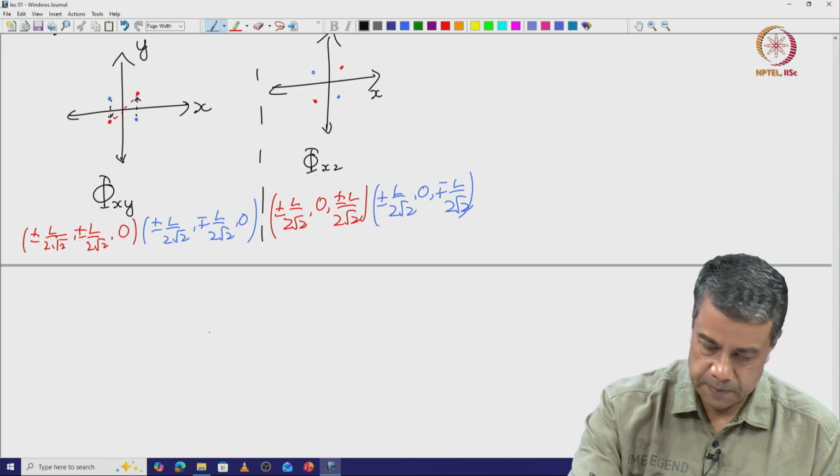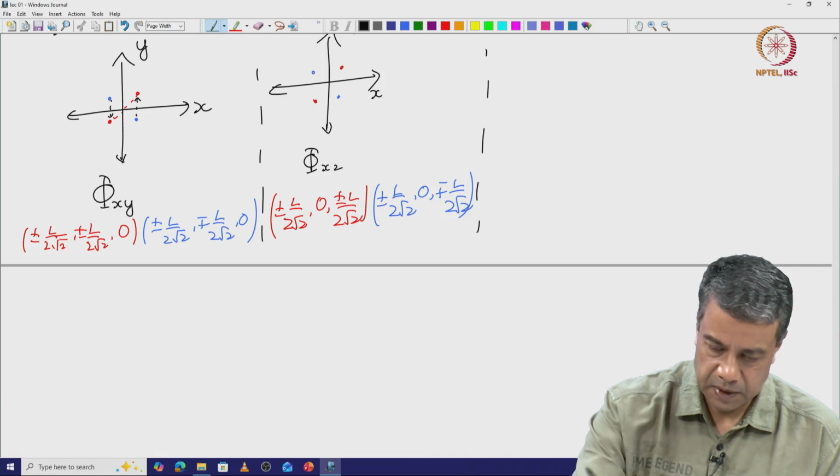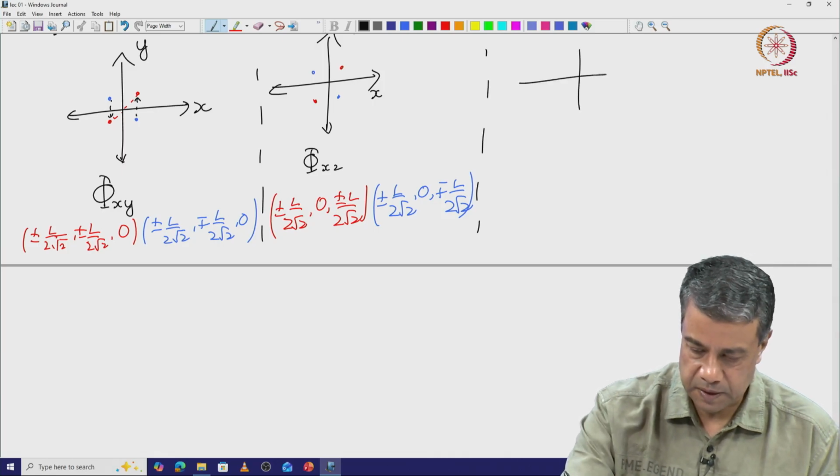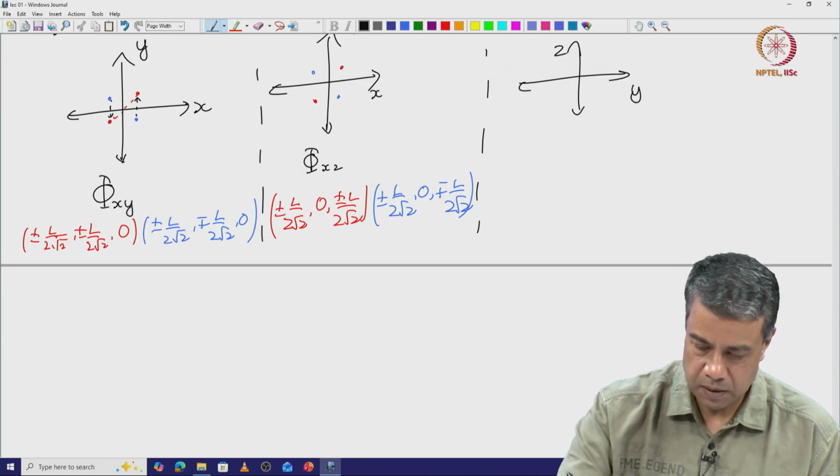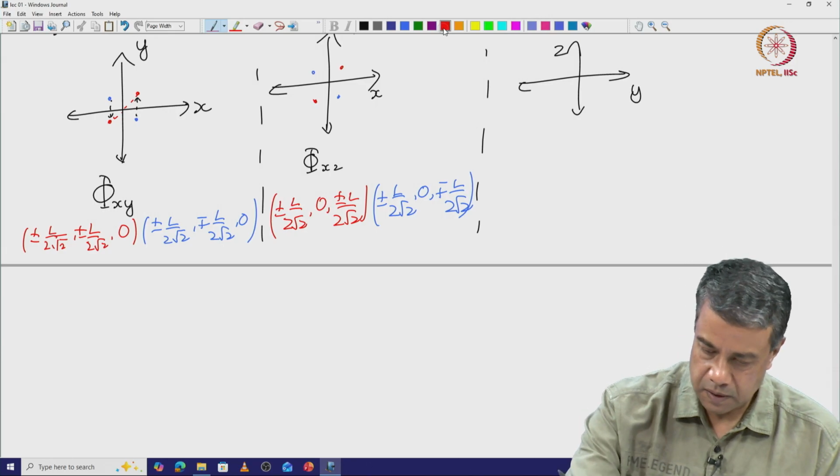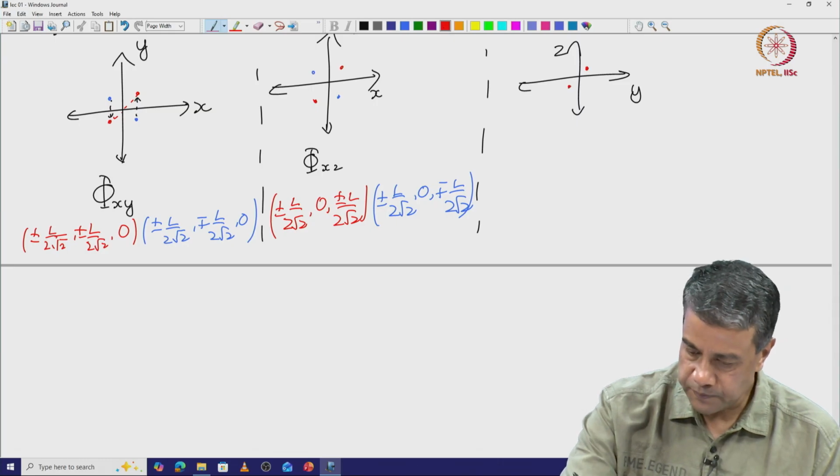The fourth solution is in the yz plane. Once again, you have 2 sources and you have 2 sinks.